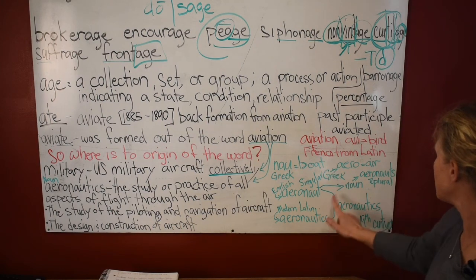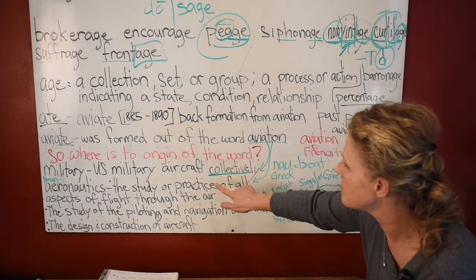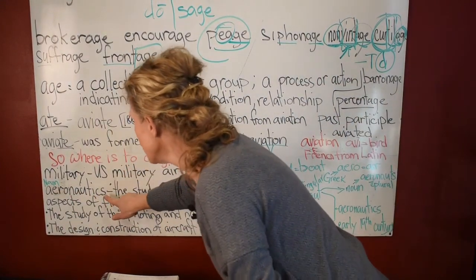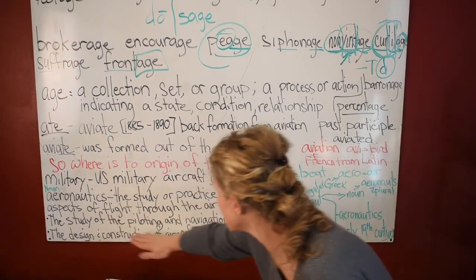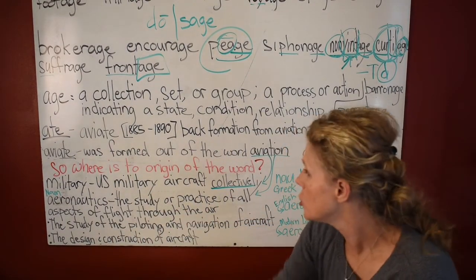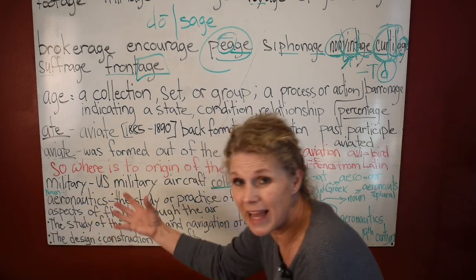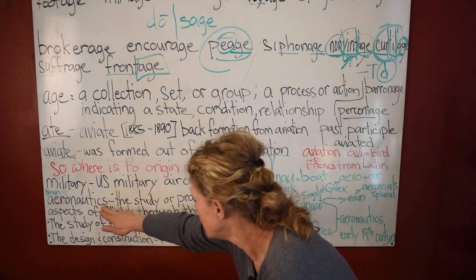But when you look at this right here, this is a collective noun. Aeronautics is all of this, and so it's collective. Even though it looks like it has the plural S, that S just goes with this word.